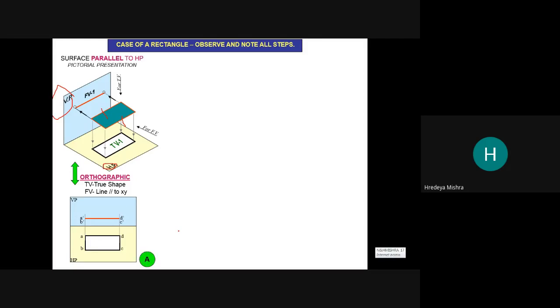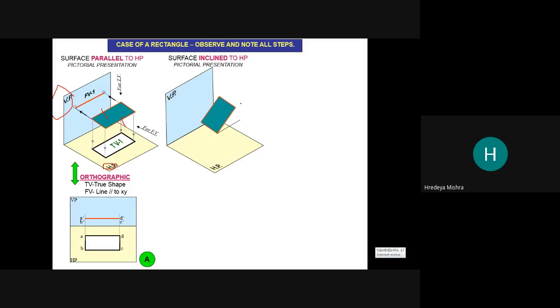Now the next case is surface inclined to HP. How do you get it? This is the HP and this is the VP and this is our surface.